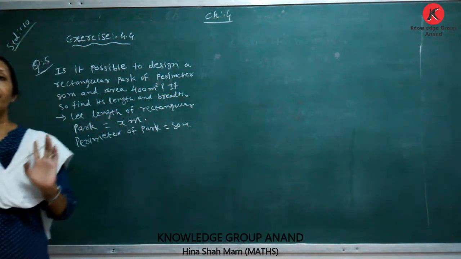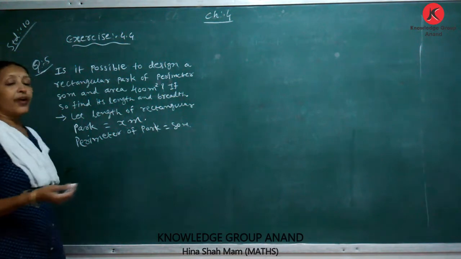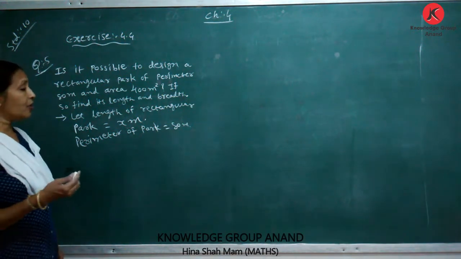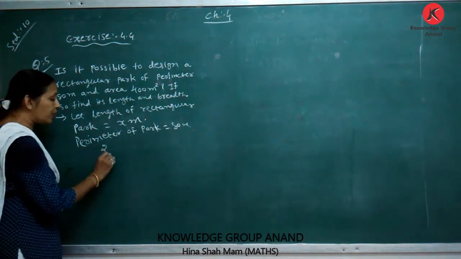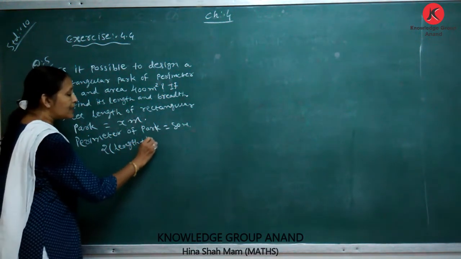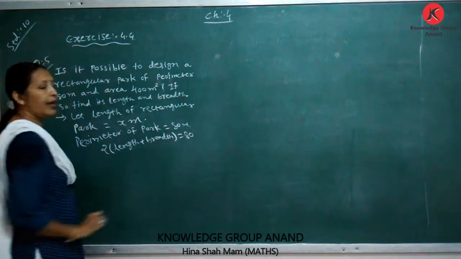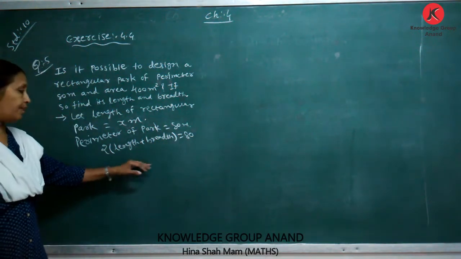What is the formula of perimeter of rectangular path? Formula of perimeter of rectangle is equal to 2 into length plus breadth is equal to 80. We know this formula.